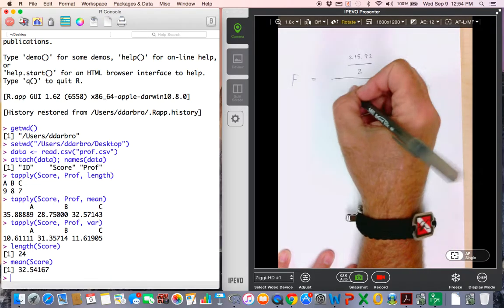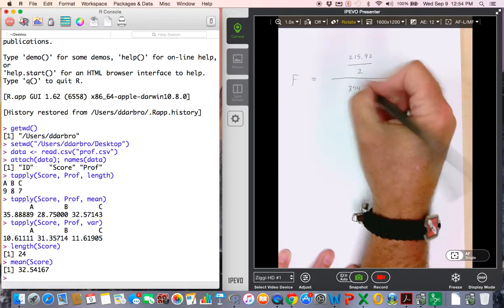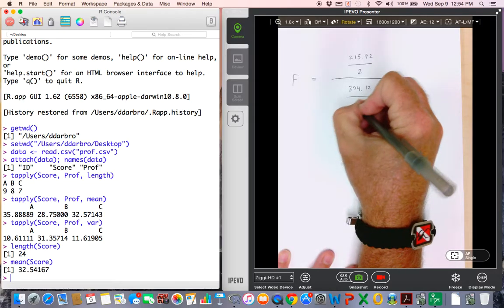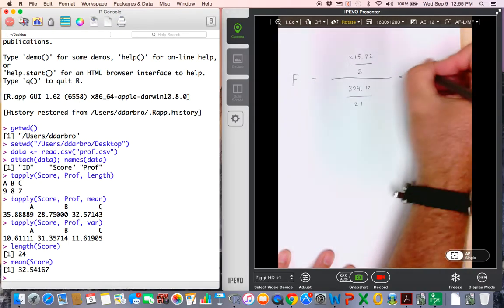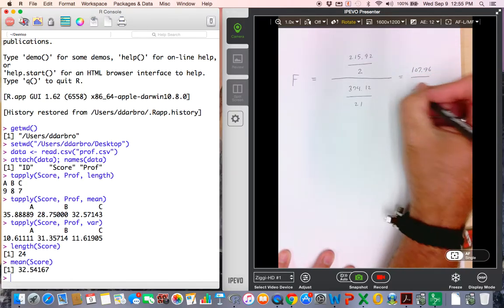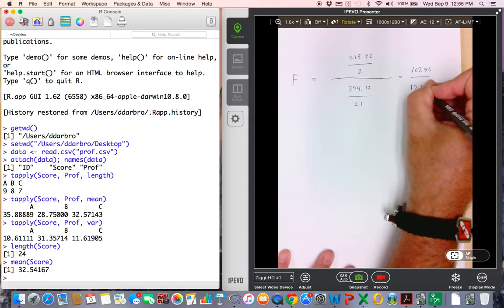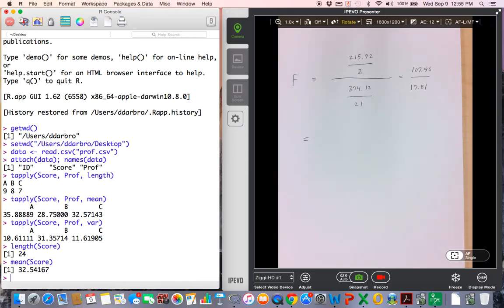For the sum of squares for the error, I get 374.12 over the degrees of freedom, 21. When I divide this out, I get 107.96 over 17.81. So my F statistic, 107.96 divided by 17.81, I get 6.06.